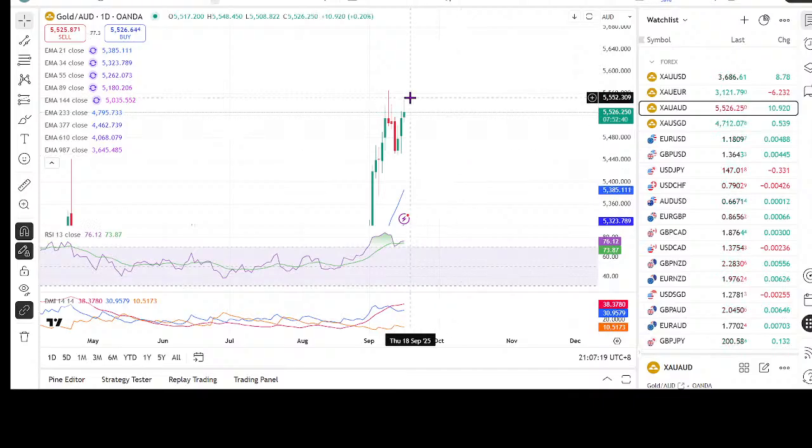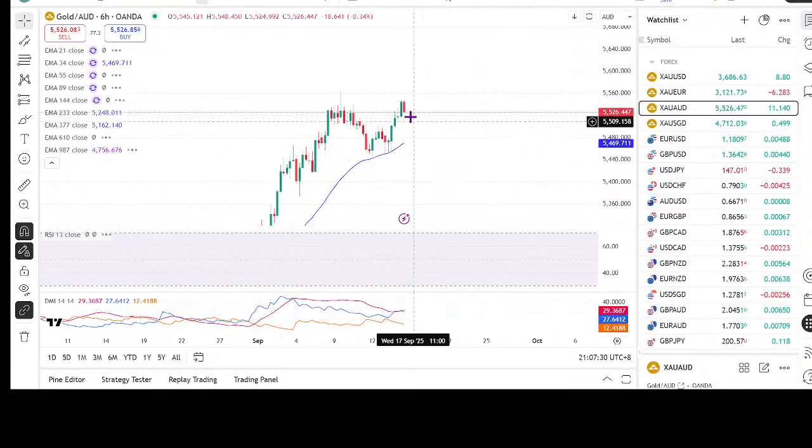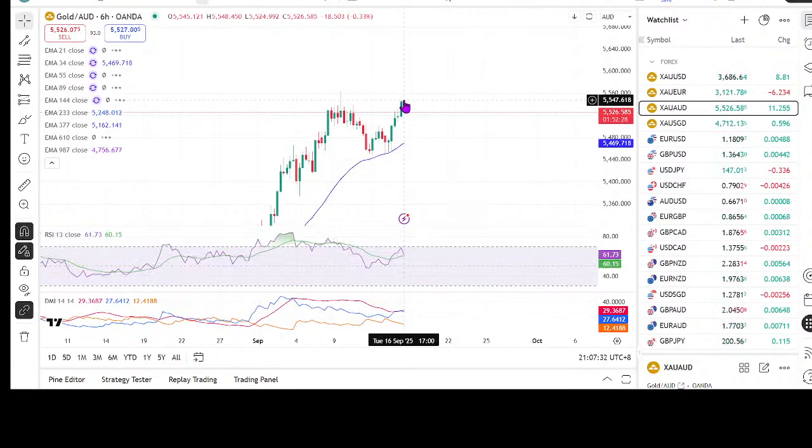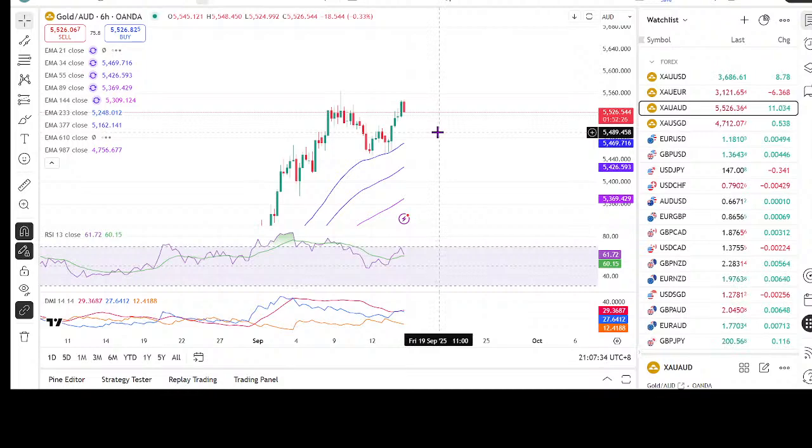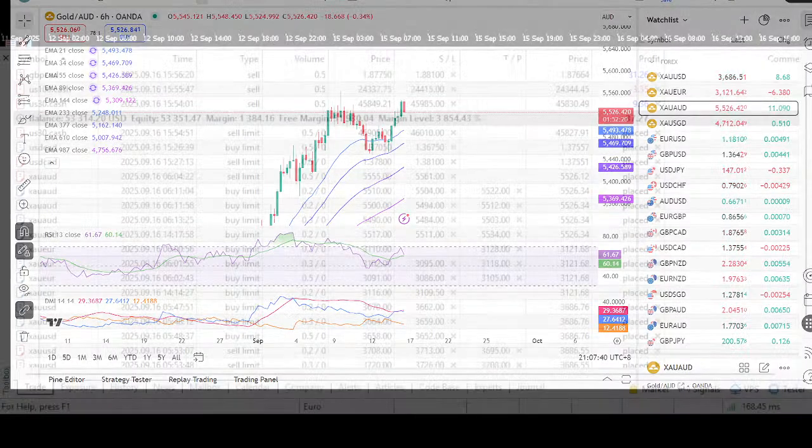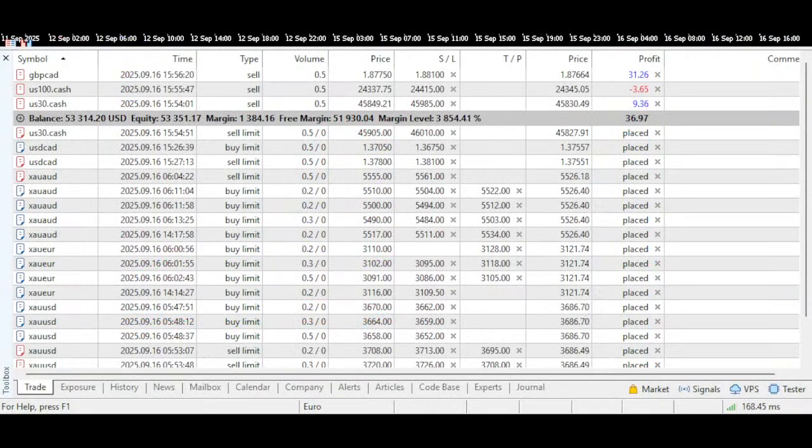So most likely we may have seen the high today. In fact, yesterday, if I recall correctly, I was projecting the price to be at 50 to 55 to go for sell and hold. I think today we missed it.